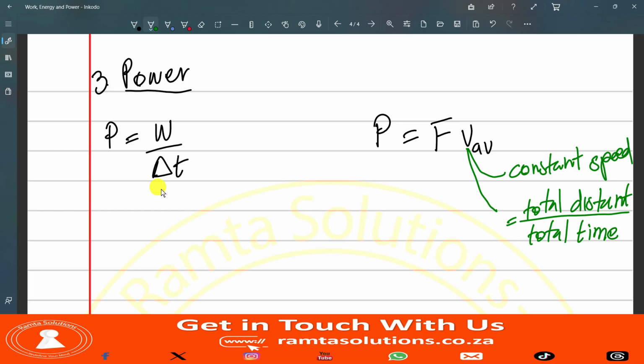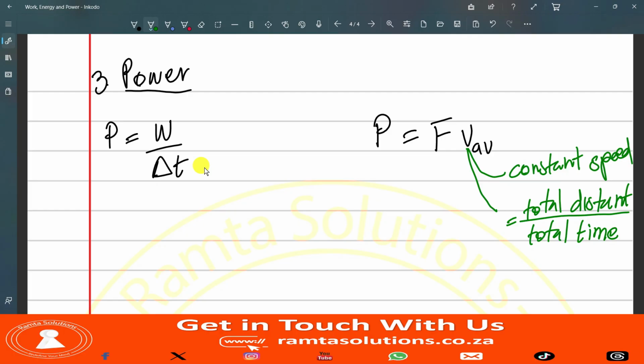If you know the force of that engine and the displacement or the distance that vehicle has moved, you can easily find your power. Okay, these are all that you need to pass your work, energy, and power exam questions. It's important that you know these things.